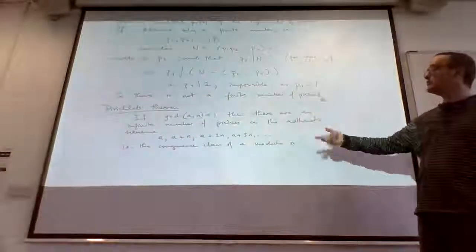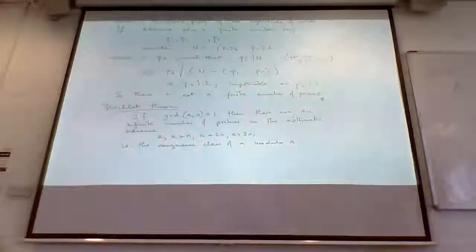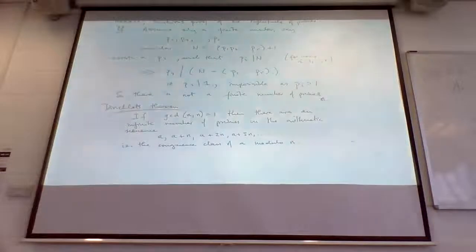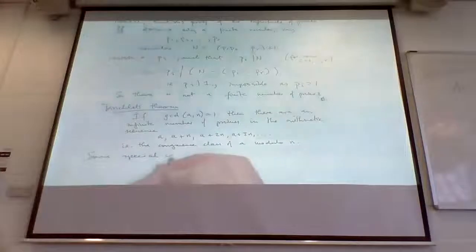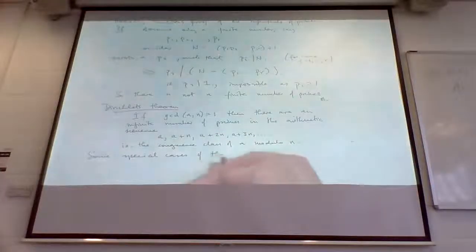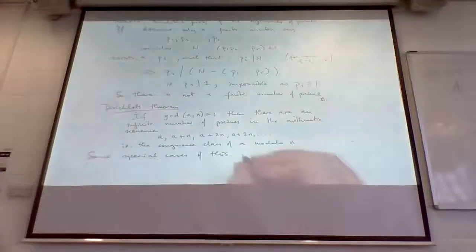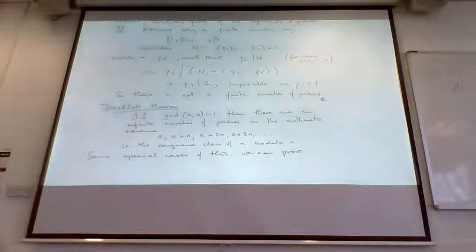The general proof of this requires more machinery that we haven't covered. But what we can do is prove some special cases, i.e. particular A, particular N, with the tools available to us. So this is question 3, page 69.